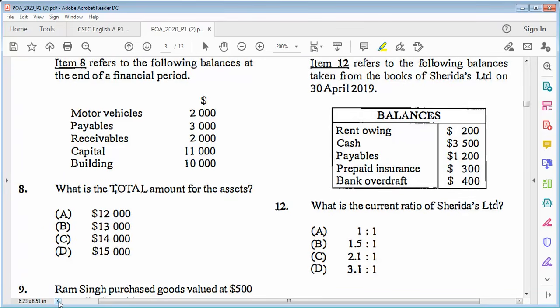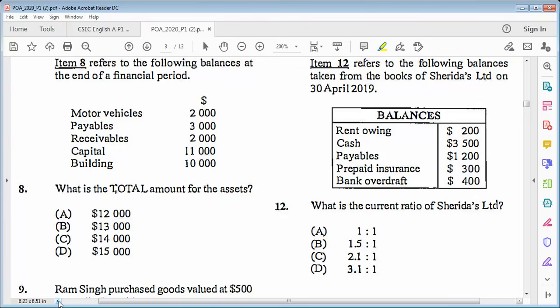Here it says, item 8 refers to the following balances at the end of a financial period. Motor vehicles, $2,000. Payables, $3,000. Receivables, $2,000. Capital, $11,000. And building, $10,000. What is the total amount for the assets? A, $12,000. B, $13,000. C, $14,000. Or D, $15,000. Well, we know what our assets are.